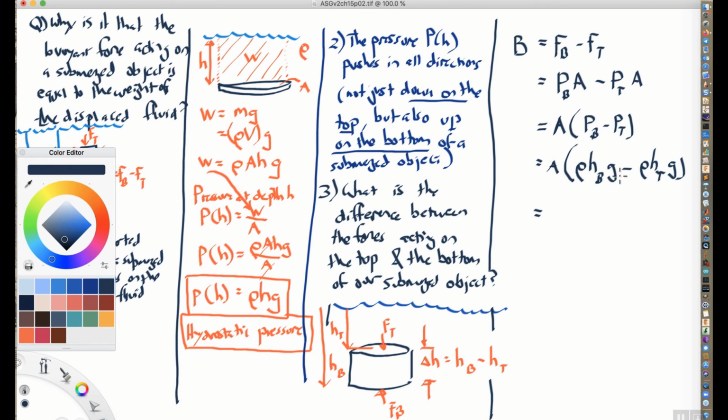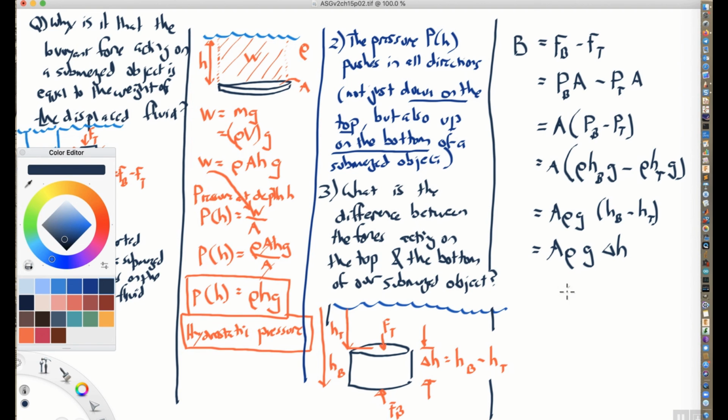And you can see that rho and g are common to these two factors, so area times rho times g times the depth at the bottom minus the depth at the top. And here we'll keep going, area times the density times g. Well, the difference hb minus ht, that's just the height of the object itself. That's delta h. That's what we said right over here.